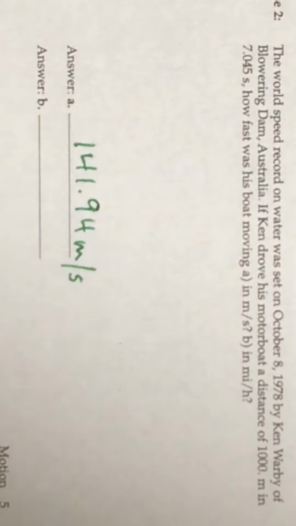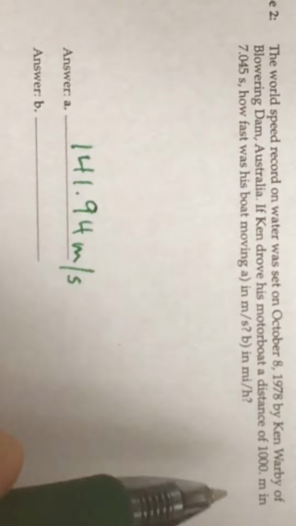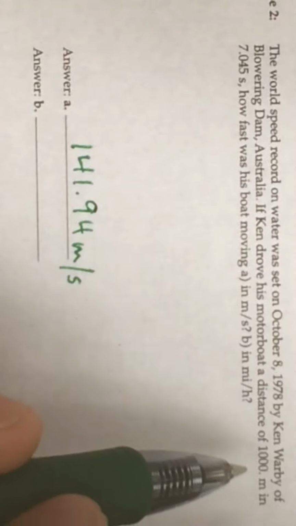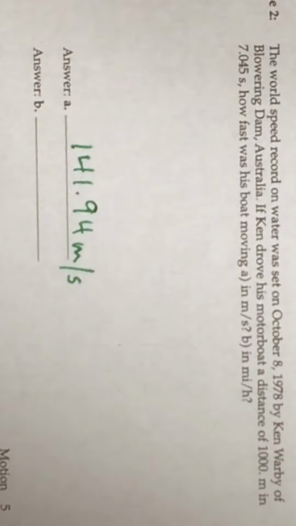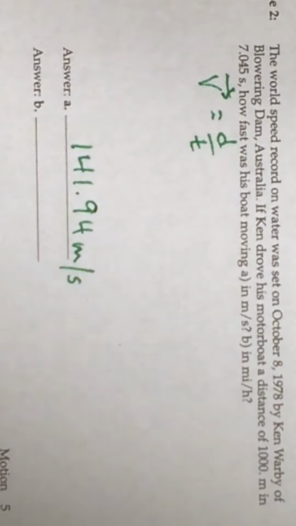Answer B is a little harder, and I'll show you what I would do. So let's look at this if you did not get this right. I've got a distance of 1,000 meters, and he covered that distance in 7.045 seconds. So if you remember, velocity, which is a vector quantity, is distance divided by time.